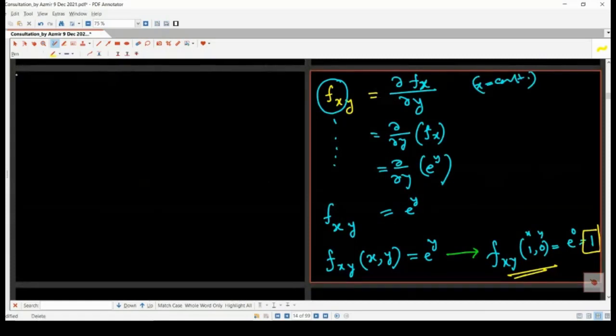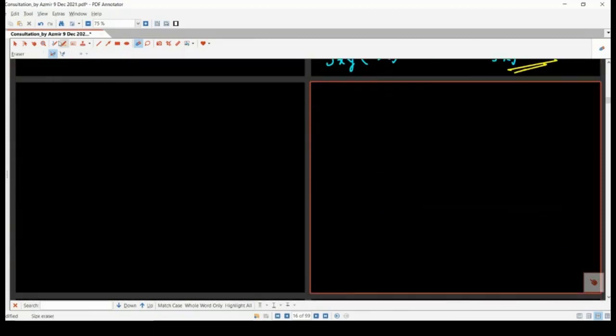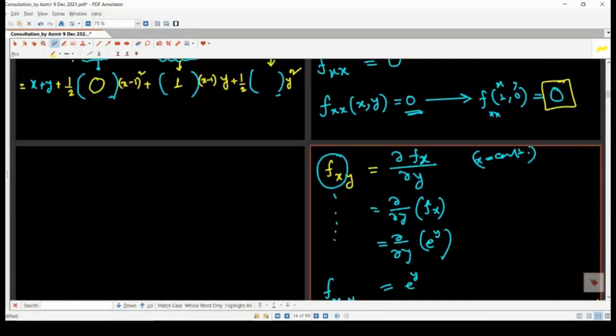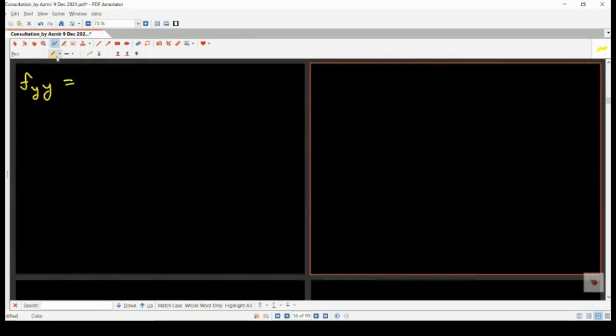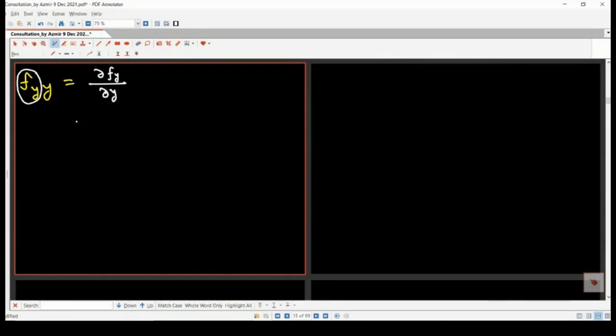So let me do this one here. F sub yy. Now you have to understand that we are going to differentiate f sub y, the derivative of f sub y with respect to y. So d/dy of f sub y.